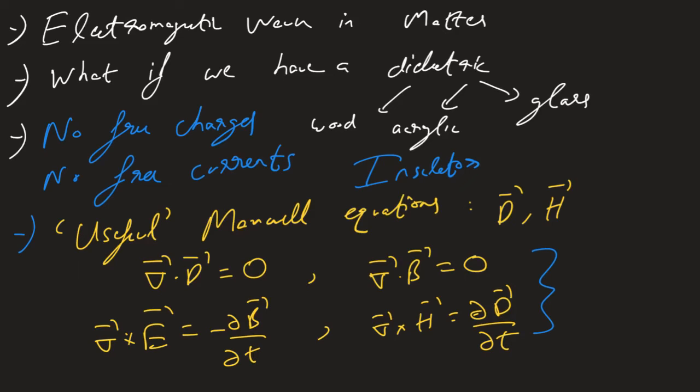So then if we talk about a linear material, so inside a linear material we know that D is equal to epsilon E and H is equal to 1 over mu B, right? And this is all stuff that we've done before.